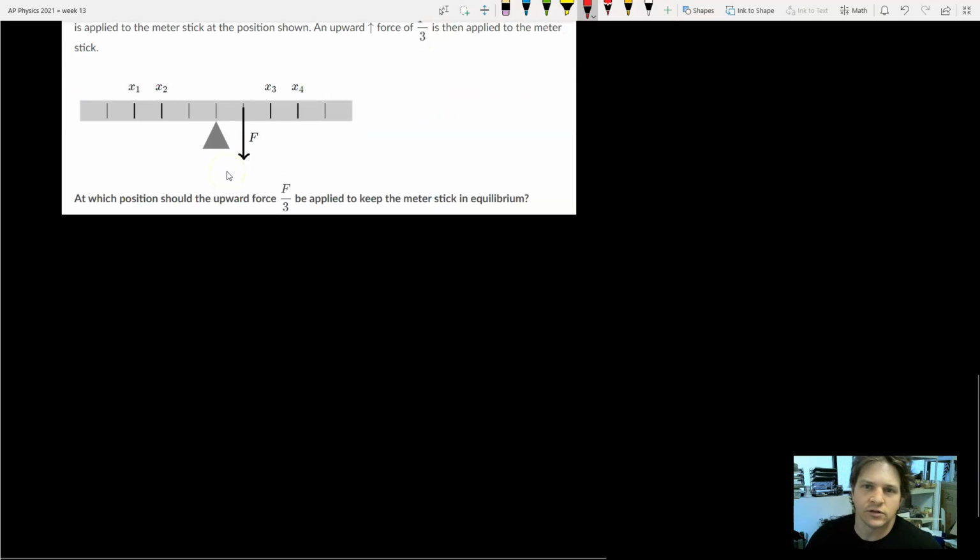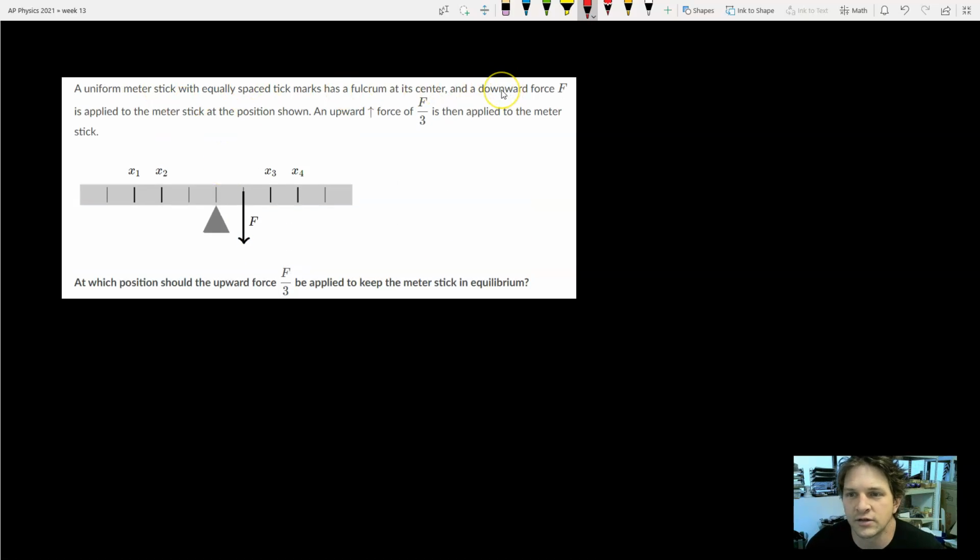A uniform meter stick, all the same. It has a downward force F right here. An upward force of F over 3 is then applied somewhere, right? So it's 1/3 of what the original force was. So think about what we were talking about.